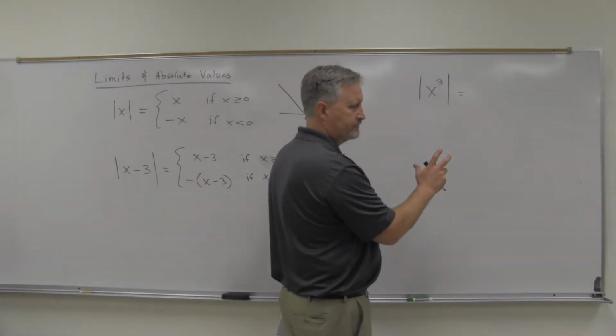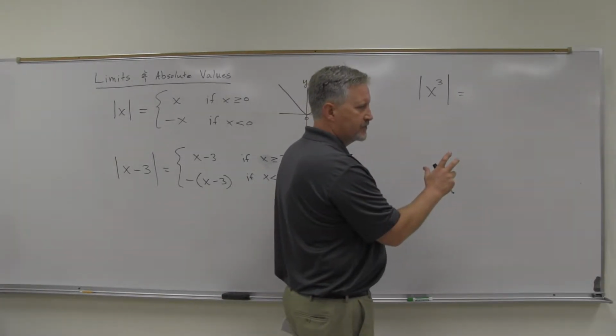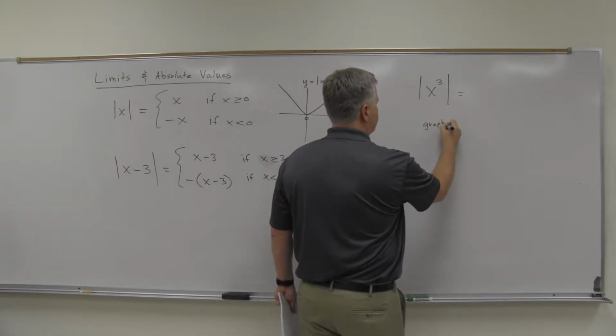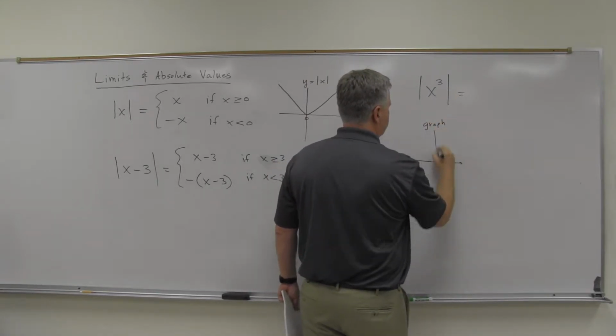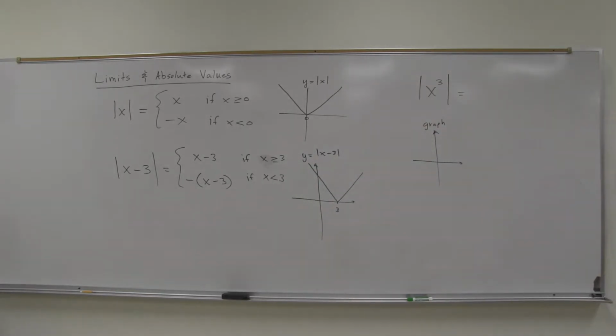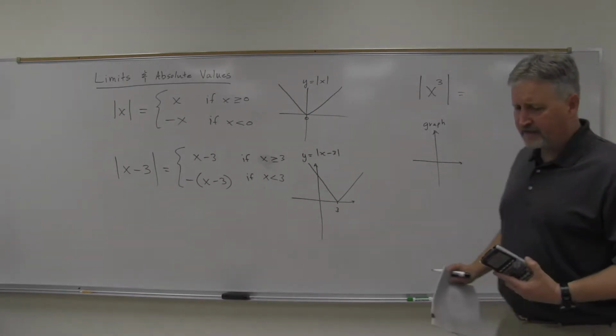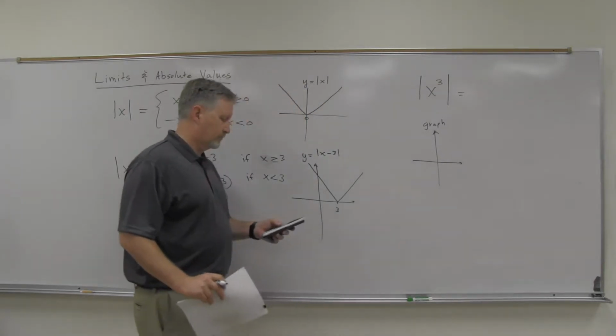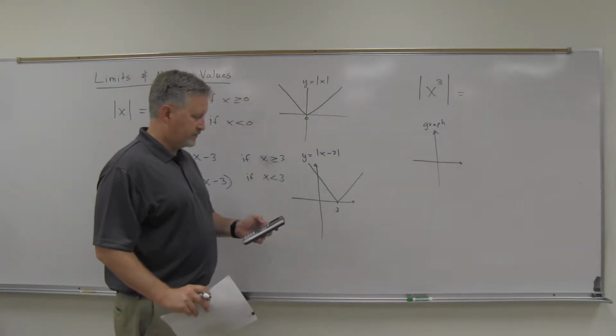Well, let's just look at the graph here, first of all. Because with our graphing calculators, we can graph just about anything. On the TIs, absolute value is under the math menu.